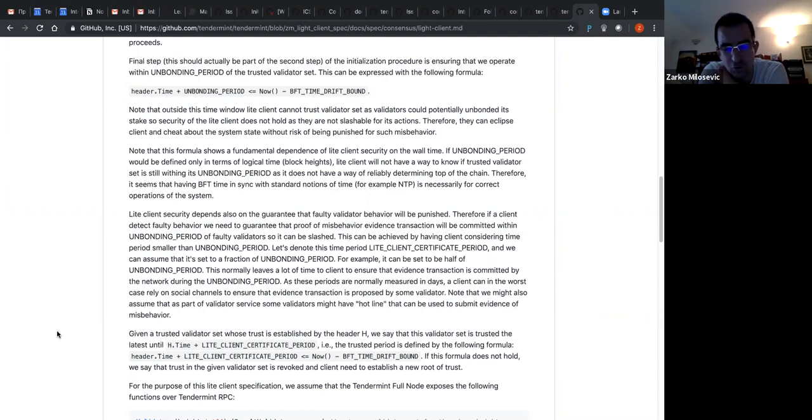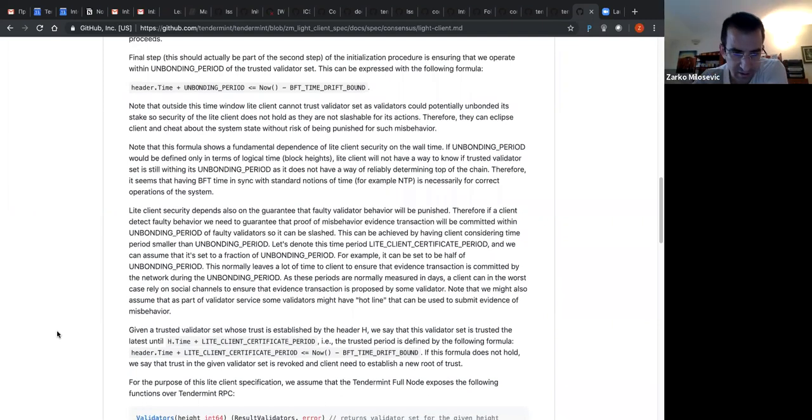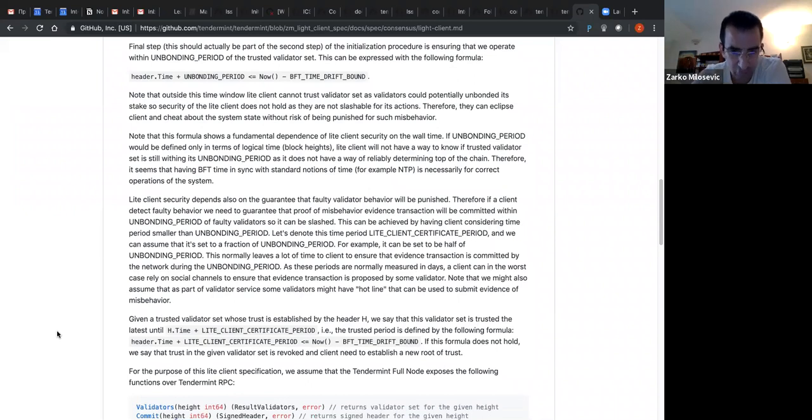And here I was assuming that these are essentially very long time periods, normally expressed in days, although we don't have any guarantee right now at the Tendermint level that this transaction will not be filtered out by nodes on the way.